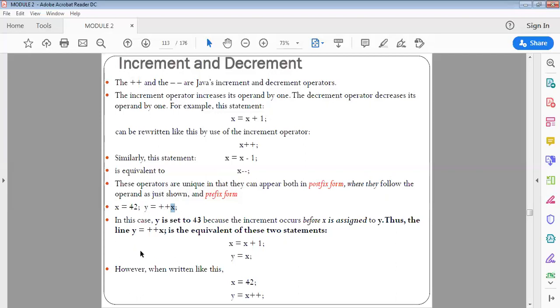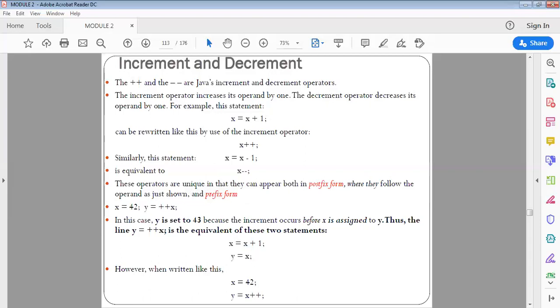Thus you can tell that y is equal to 43 after x is incremented. So that's x = x + 1 and y = x.